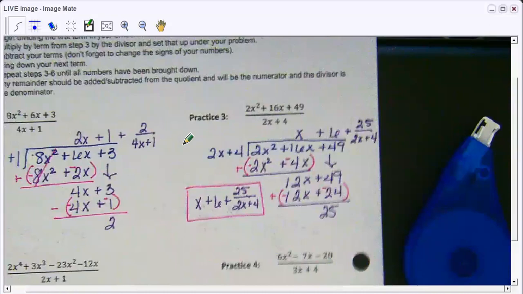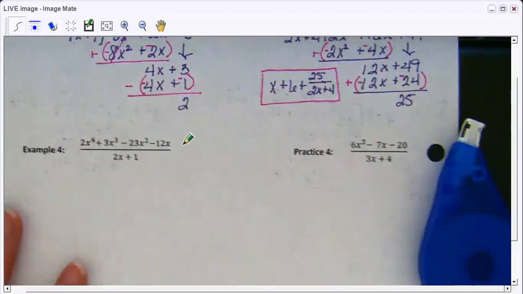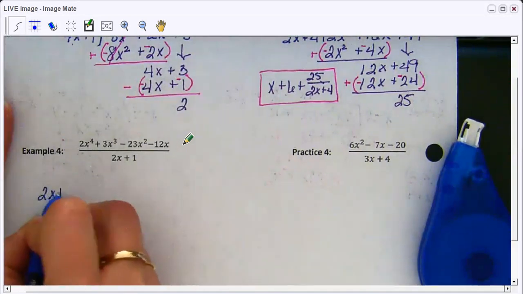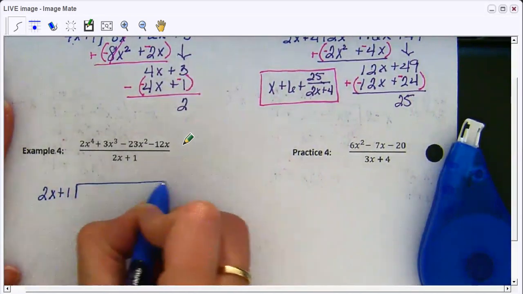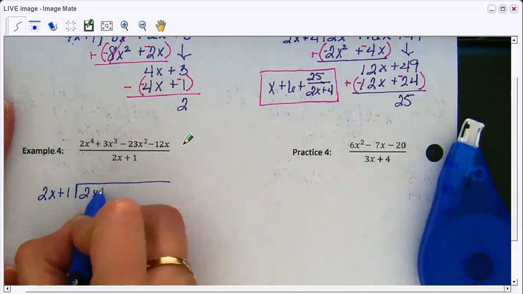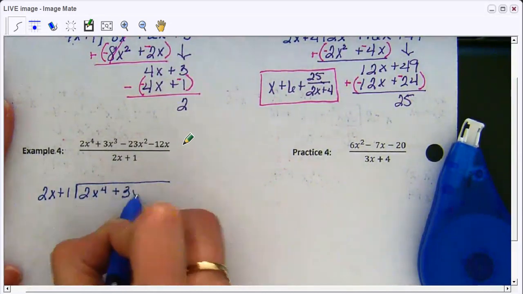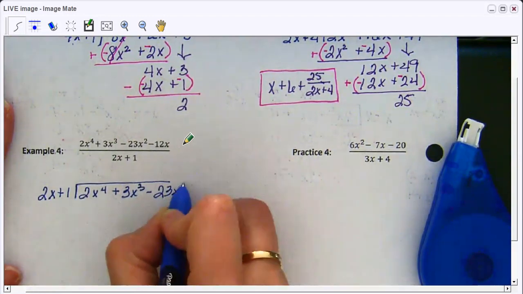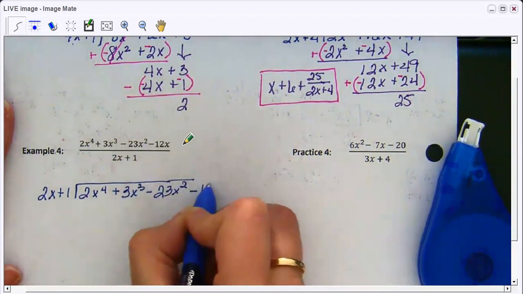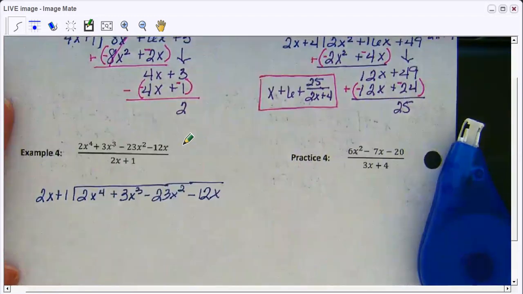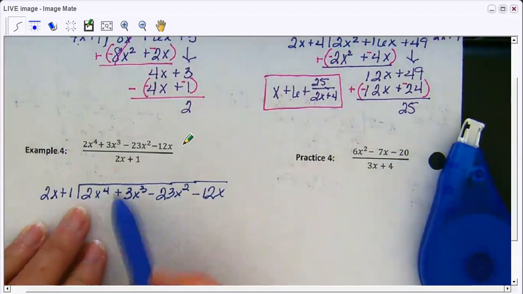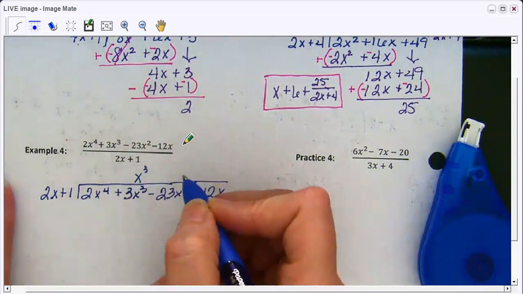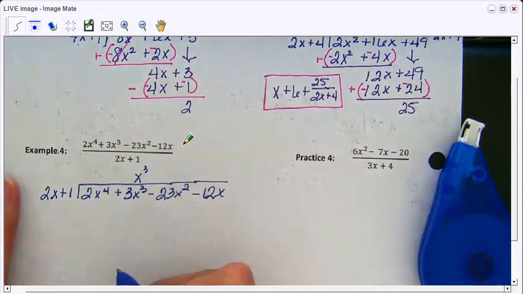Okay. So example 4. 2x to the 4th plus 3x to the 3rd minus 23x squared minus 12x. This is a long one. Okay, 2x goes into 2x to the 4th, x cubed times.